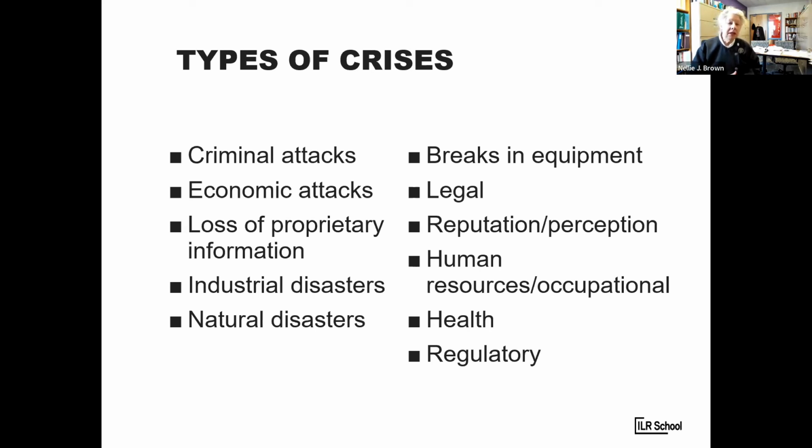Now, what about legal issues? Almost anything on this slide could be the subject of litigation, and these could be very expensive. Even being faced with a lawsuit that is totally frivolous could still constitute, for example, an economic attack.